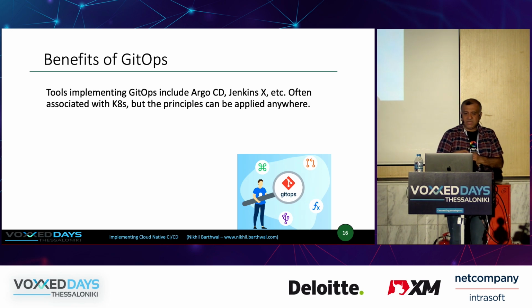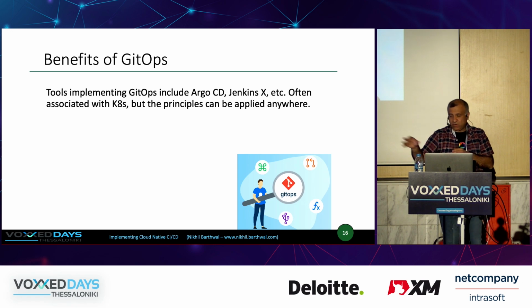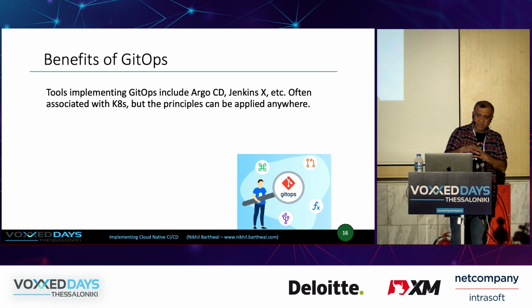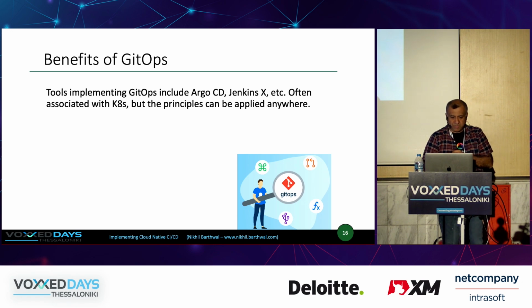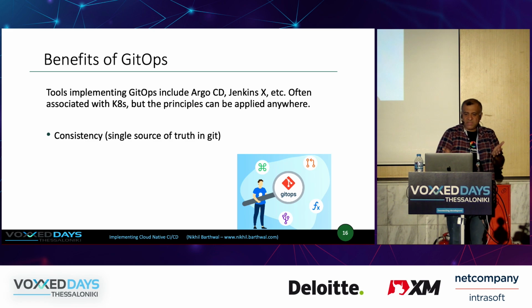So GitOps basically, tools like Argo CD are all associated with a lot of these tools. Argo CD, we'll talk about all these tools. They actually incorporate GitOps, but these principles are pretty general. And one of the things about Git is consistency, right?